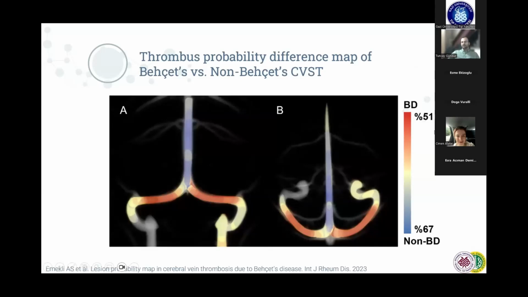So in Behçet's disease patients, there's a 51% higher chance of involving transverse sinuses, while the non-BD, non-inflammatory sinus vein thrombosis has a 67% increased probability of involving the superior sagittal sinus.